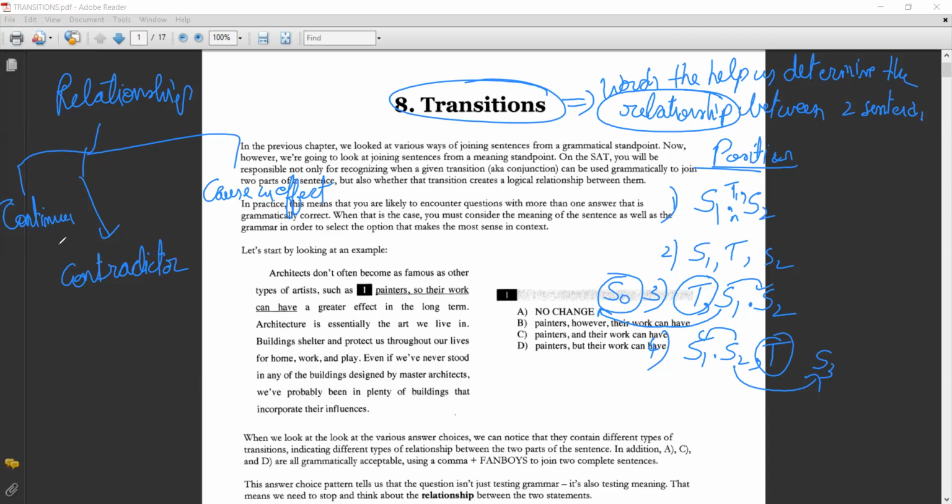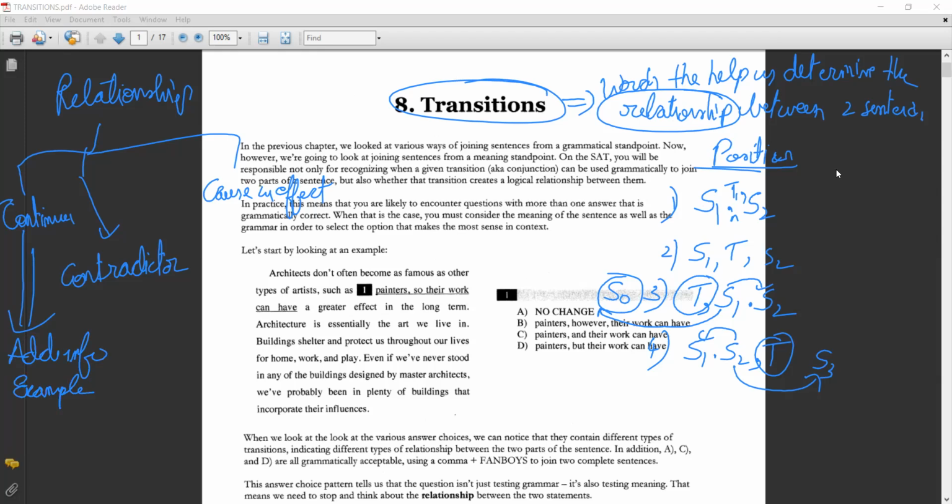So what happens when it comes to a continuous relationship is, whenever any sentence has the same subject and you're just adding information about that particular subject used in the previous sentence, or you're giving an example, such sentences show a continuous relationship.